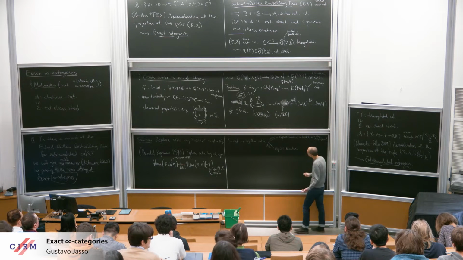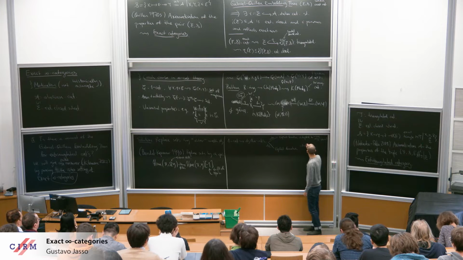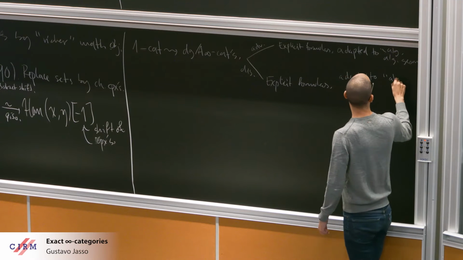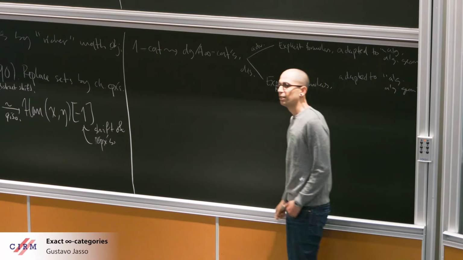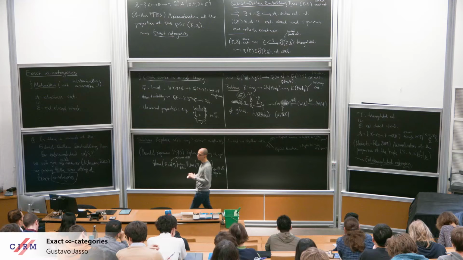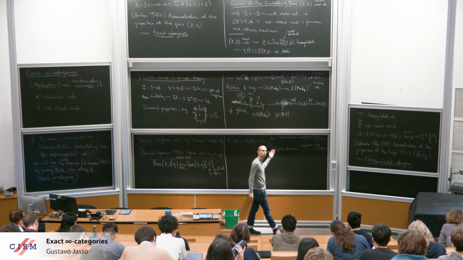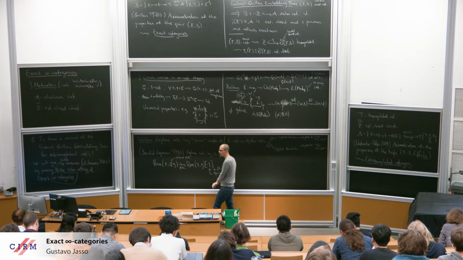Another disadvantage is that this is adapted to algebra and algebraic geometry. So that means that we, in some sense, cannot capture certain interesting triangulated categories by working only in this context of DG and A infinity categories, right?